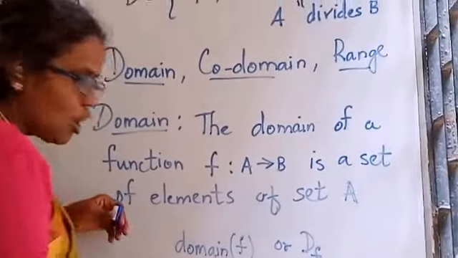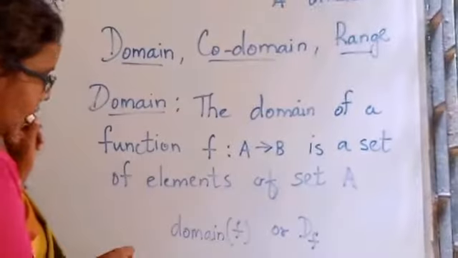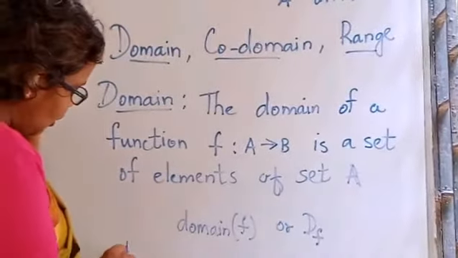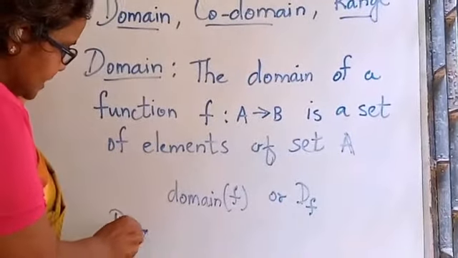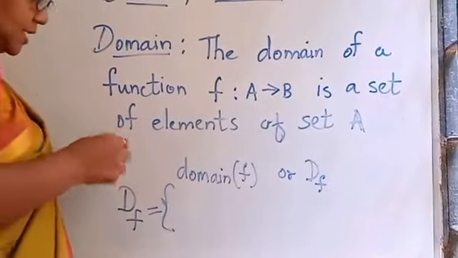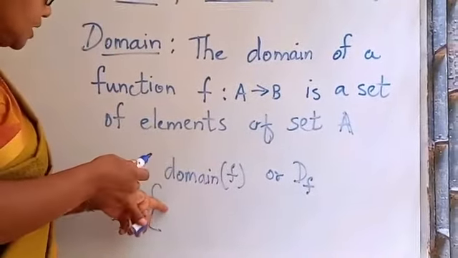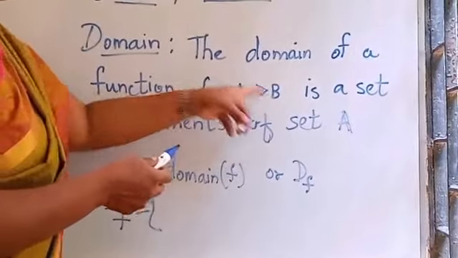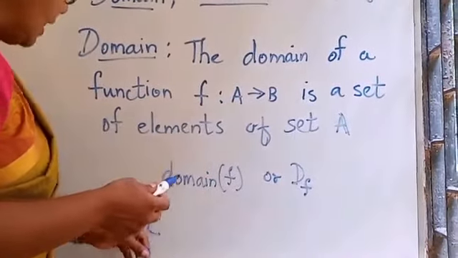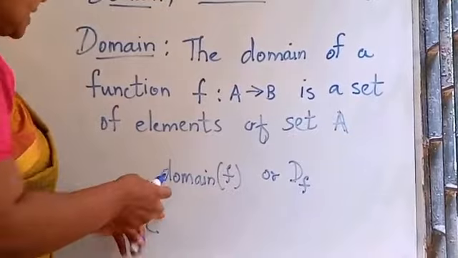Now what are the elements of the domain? A domain is a set, so you will have to write it like this. What are the elements within it? The elements of set A are the elements of the domain set.